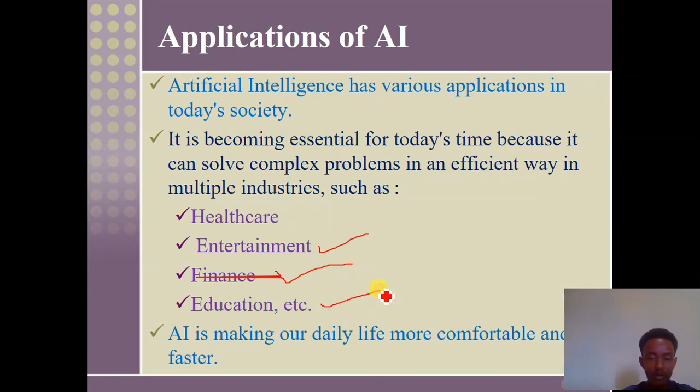Another one is education. In education, artificial intelligence can provide an interactive environment and a virtual assistant for the students, which can represent the teachers.